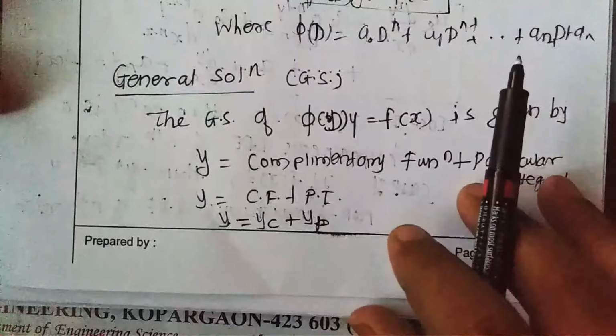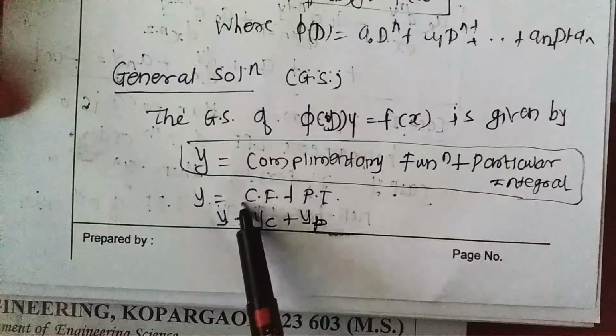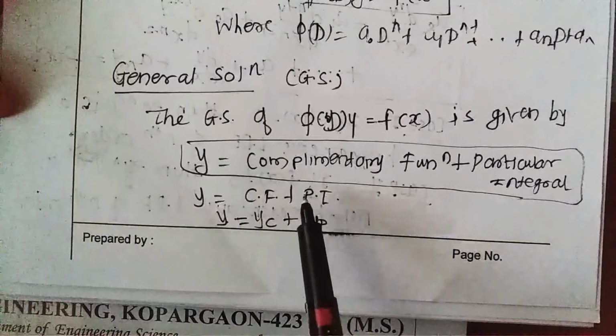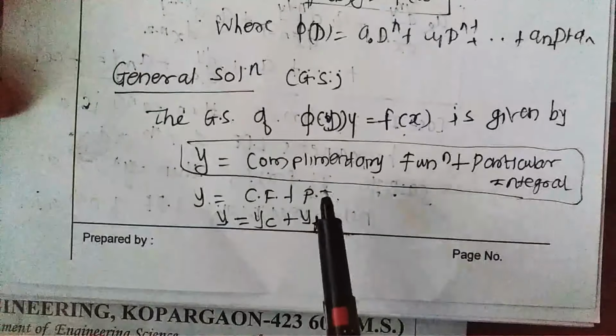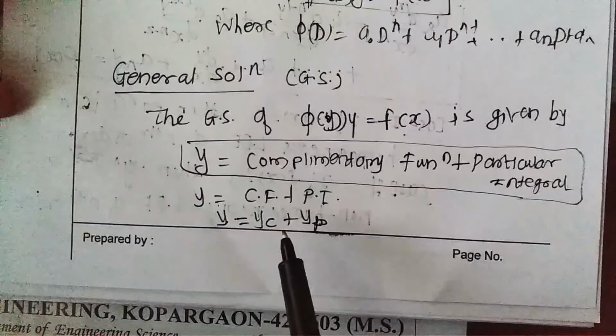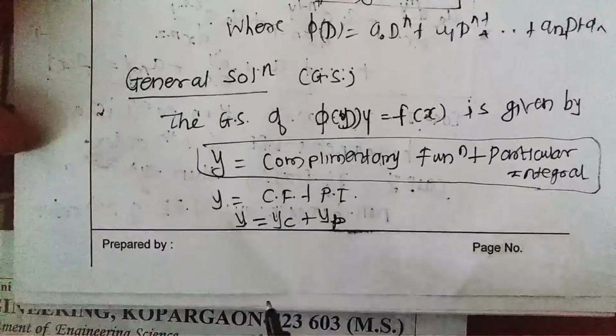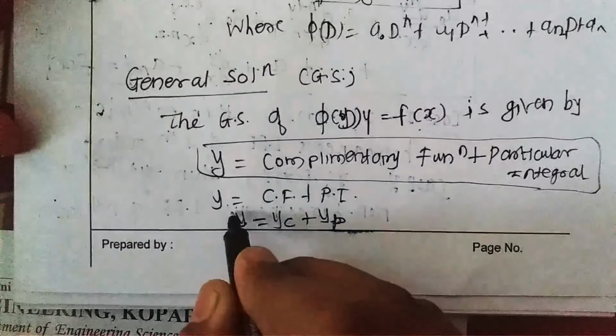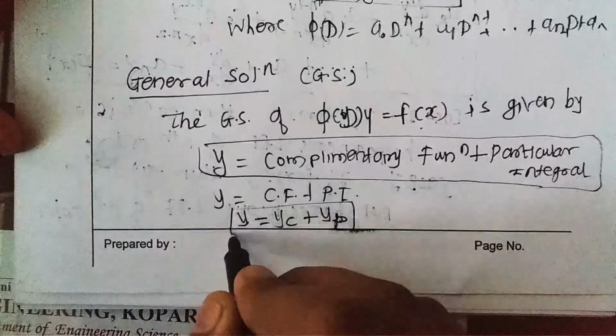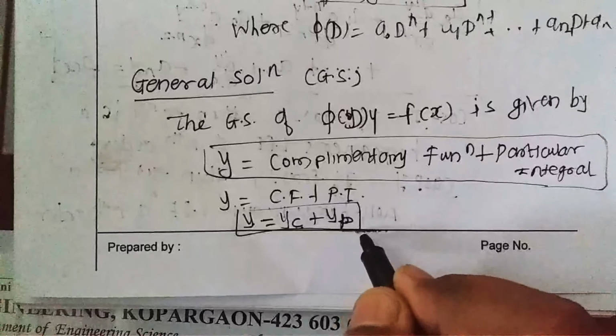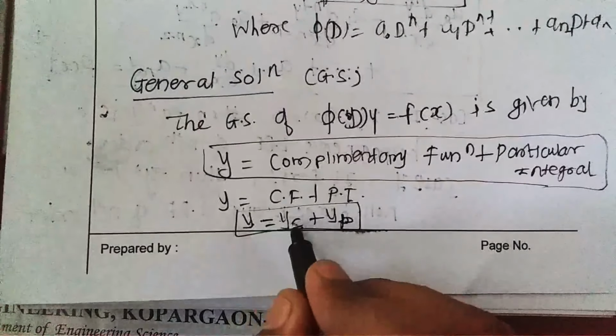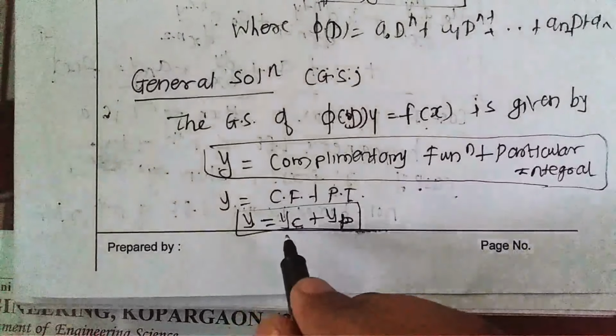It equals complementary function plus particular integral. In short, you can denote it as CF and PI, CF for complementary function and PI for particular integral. These can also be denoted by y subscript c plus y subscript p, that is yc plus yp.